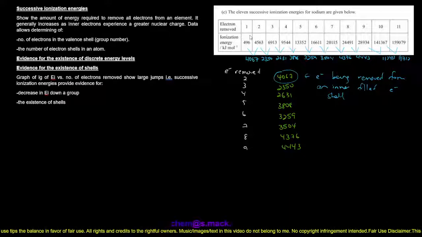In looking at our data, we would see that there's a large jump from the first to the second electron. And there's also a very large jump in removing the 10th electron.